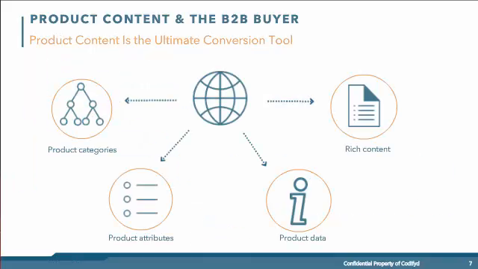I use the term product content. Here's just roughly a definition of what I mean by that term. It's actually one of the questions I get asked the most. What do we mean when we say product content? Very simply, it's categories. Categories define how you drill down in order to find products. It's attributes. Attributes define how you compare products once you're done with your search. It's data.